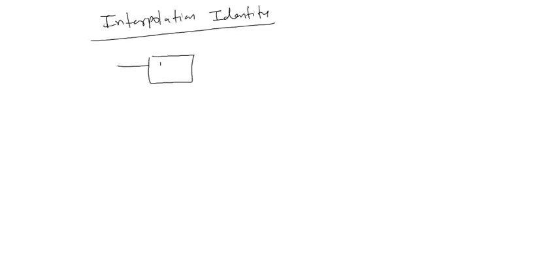Now we'll take the second noble identity for interpolation. So for interpolation there are two identities. First you pass through the filter h of z and then interpolate it by a factor of I. So this will be some output.